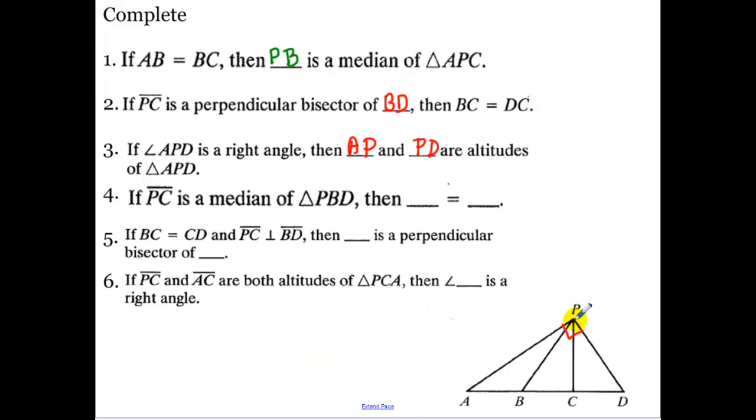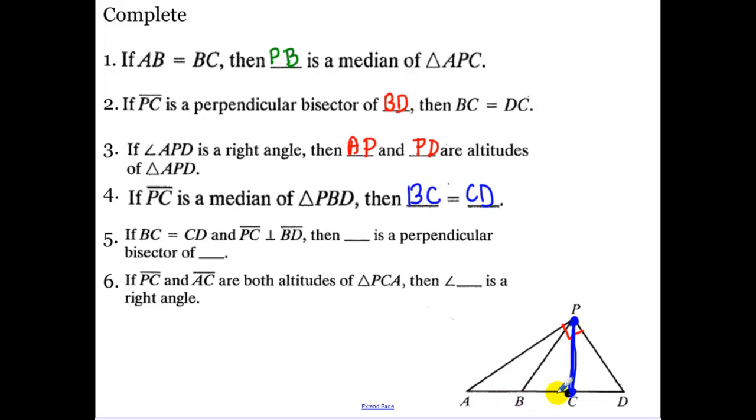If PC is the median of triangle PBD, remember the median goes from a vertex to the midpoint of one side, therefore PC has got to equal CD.